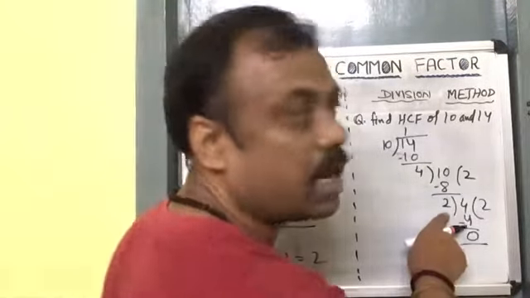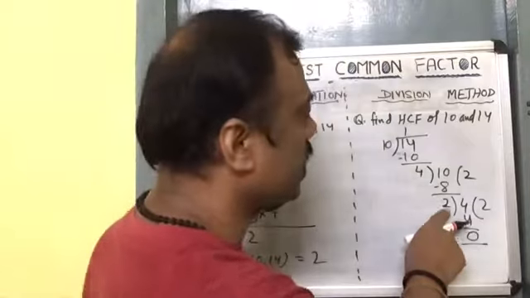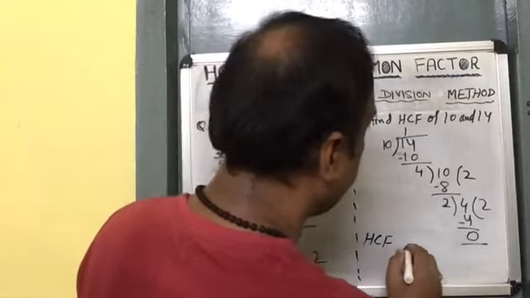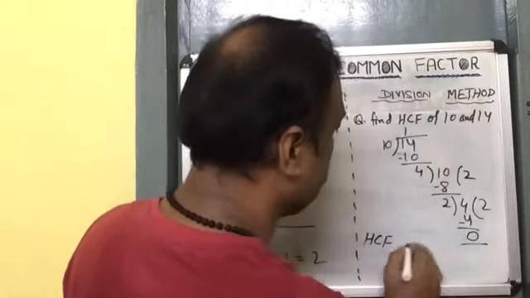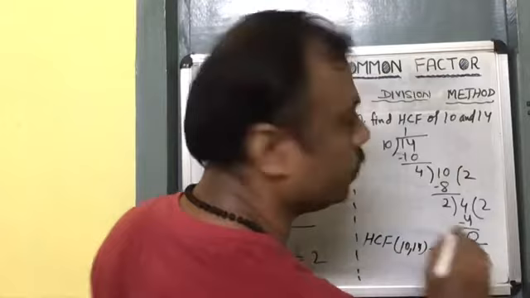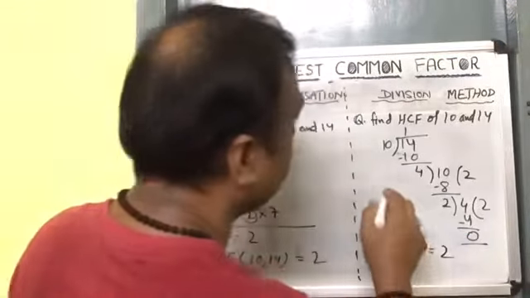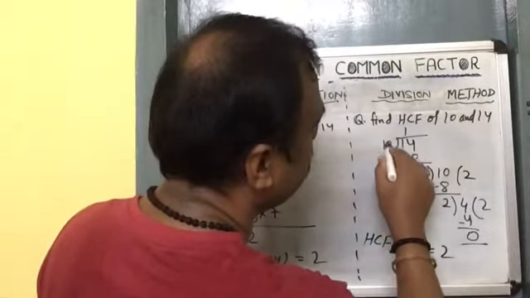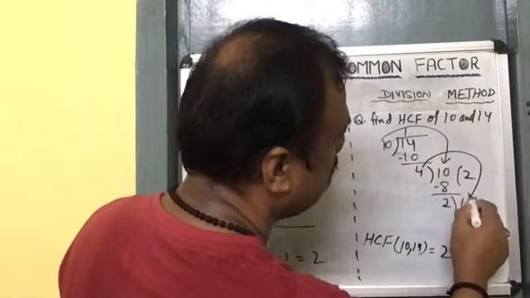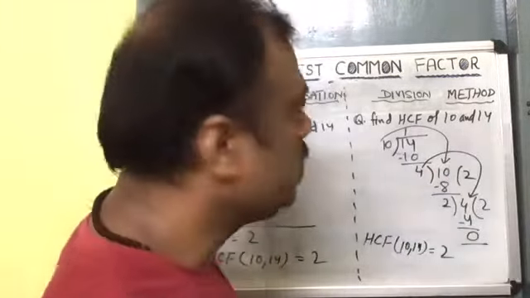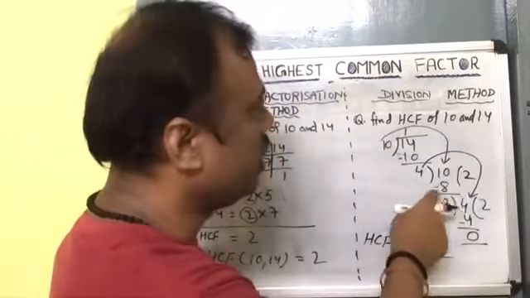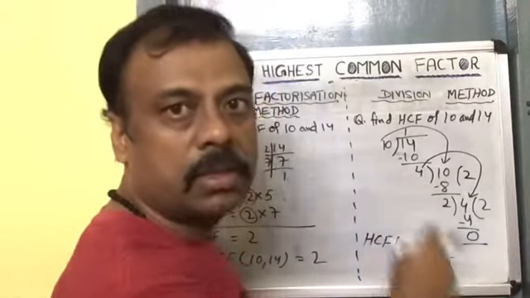The HCF will be the last divisor. So the HCF of 10 and 14 is 2. You remember it: every time we are bringing the divisor and dividing it by the remainder.